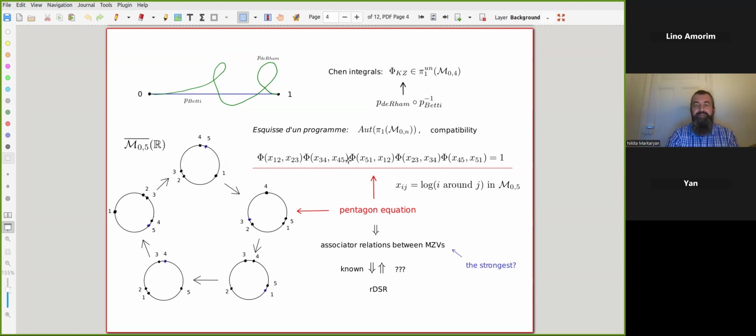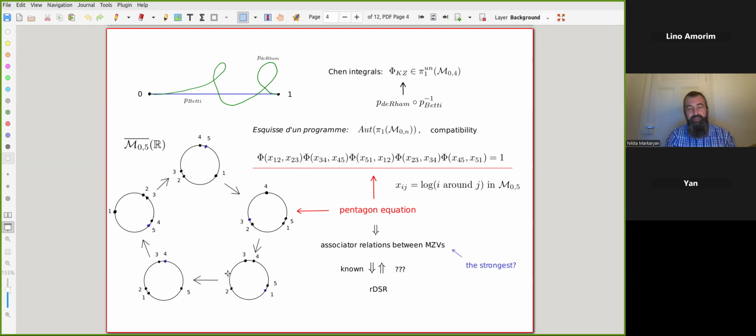in a nutshell, it gives a relation on the associator, which is called the pentagon equation, and it corresponds to what we have in M05. Here I draw M05 real points, which is the circle, and in this circle we have a pentagon, which is this path, and it is constructible in M05.